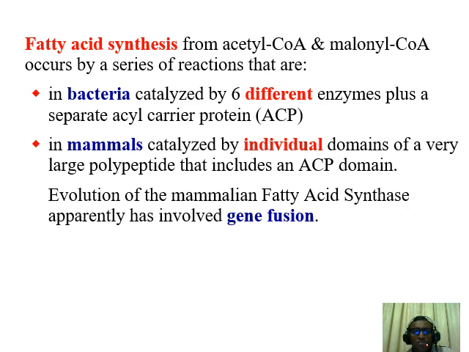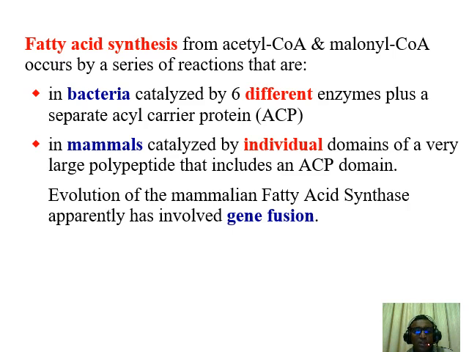In the bacteria, it has 7 components, that is 6 different enzymes and 1 acyl carrier protein. While in the mammal, the total components are together 8. In the prokaryote bacteria, it is actually being in individual, not clustered.